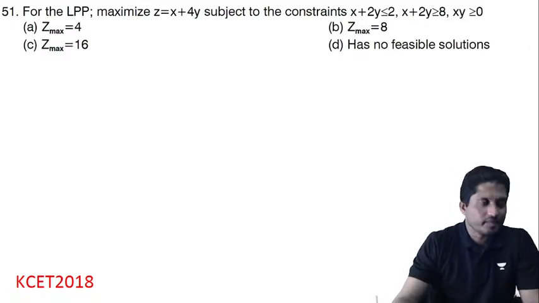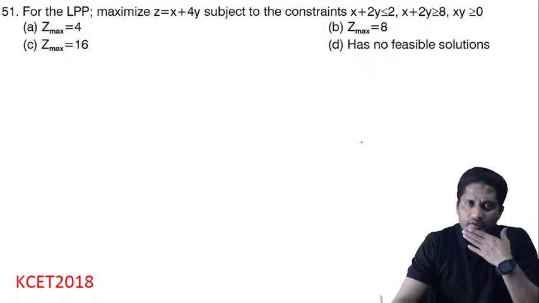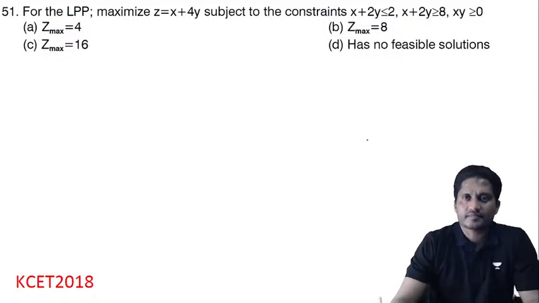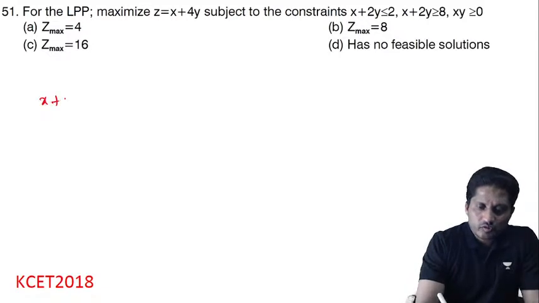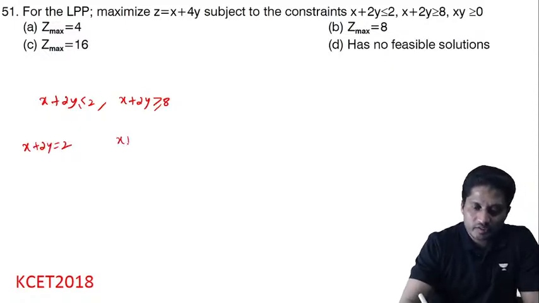Two questions on LPP in the southern paper. Z is equal to x plus 4y subject to the constraints x plus 2y less than or equal to 2, right? x plus 2y greater than or equal to 8, right? Here x plus 2y is equal to 2. Consider x plus 2y is equal to 8.